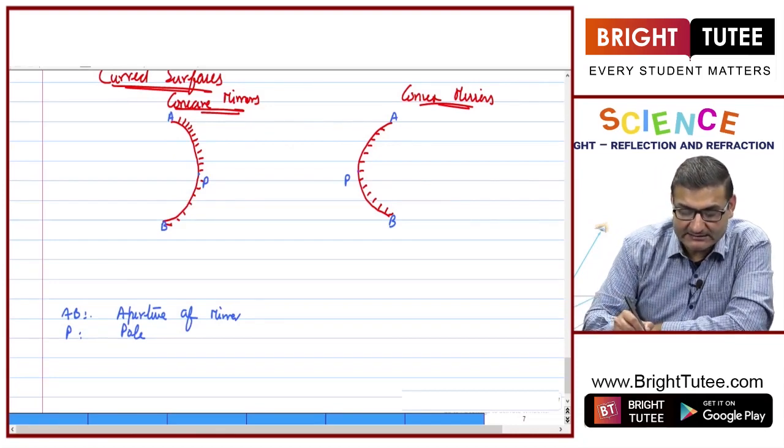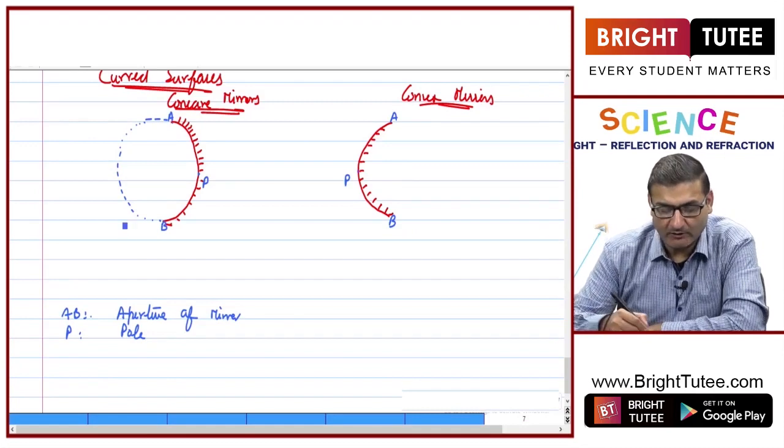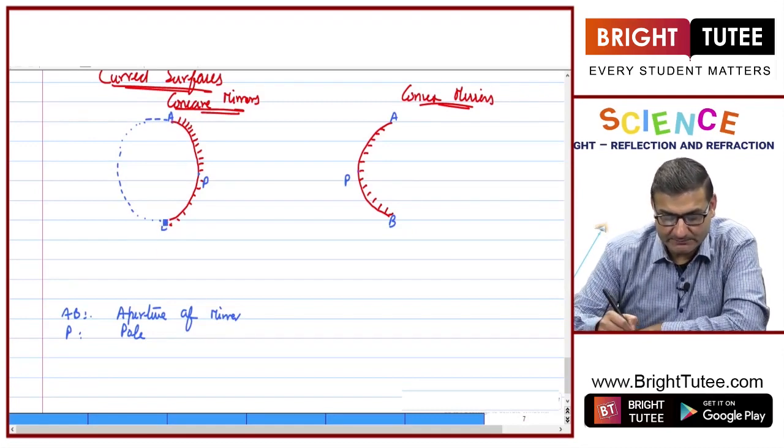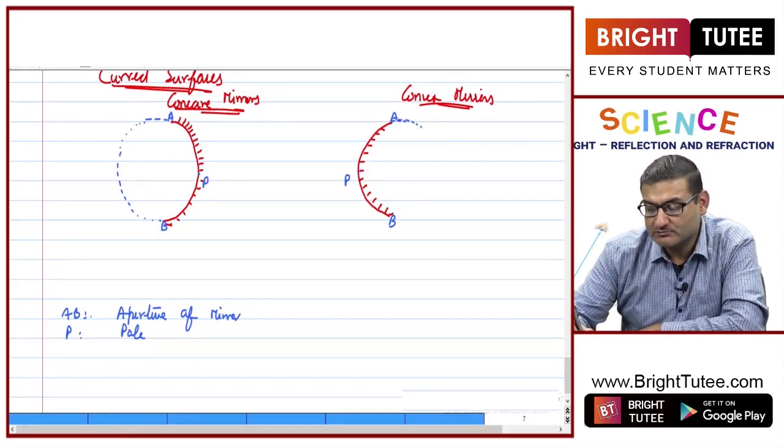Fine. Now when we look at this curved surface, the concave or convex mirror, what we say is that this is a part of an imaginary hollow sphere. Imagine it to be a hollow sphere of which this particular mirror is just a part. Similarly, this also is a part of this imaginary hollow sphere.